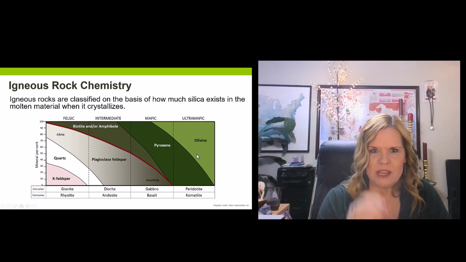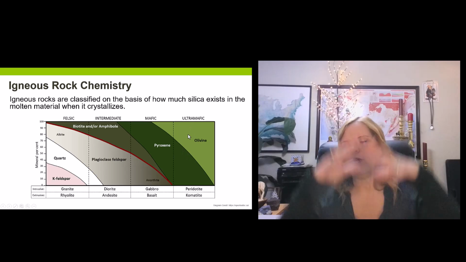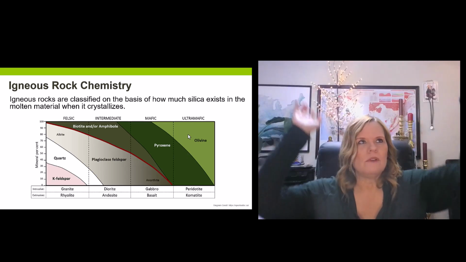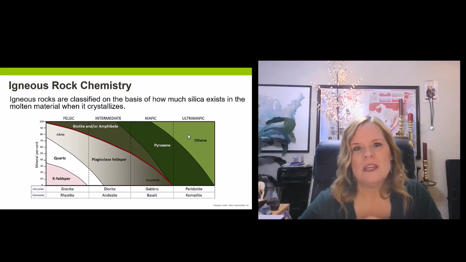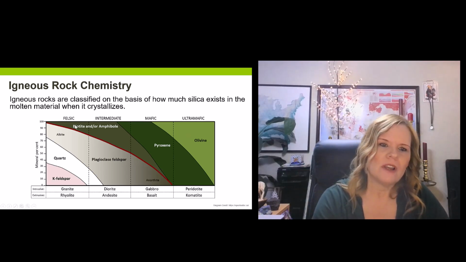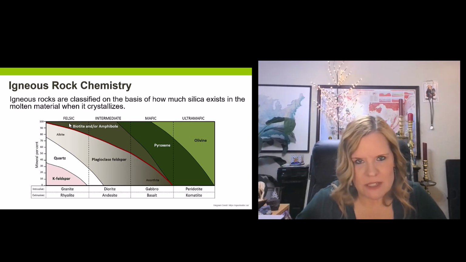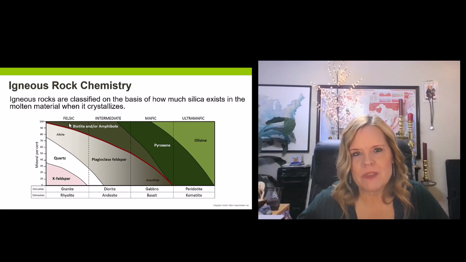So one more thing about this. If I had an ultramafic volcanic eruption, let's say 1 billion years ago, it would have sprayed, made a beautiful looking eruption with lava fountains. This is going to look like a pyroclastic mess and would be absolutely devastating if you had a felsic eruption.